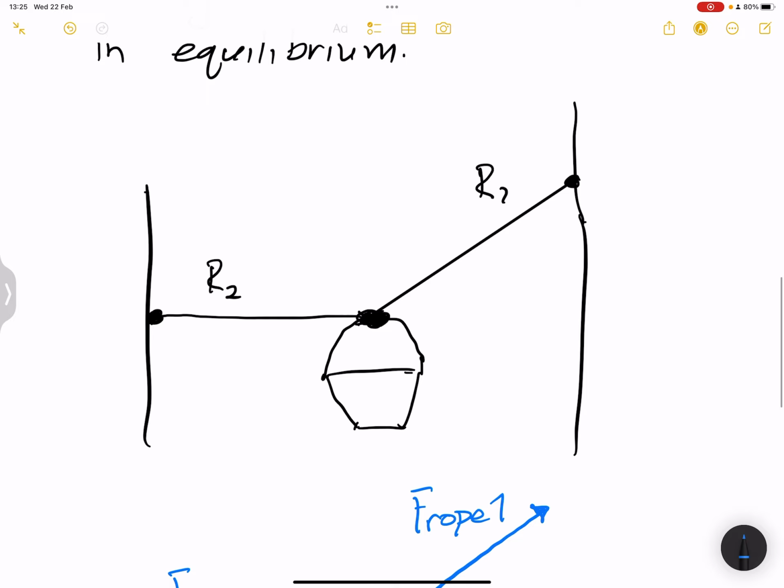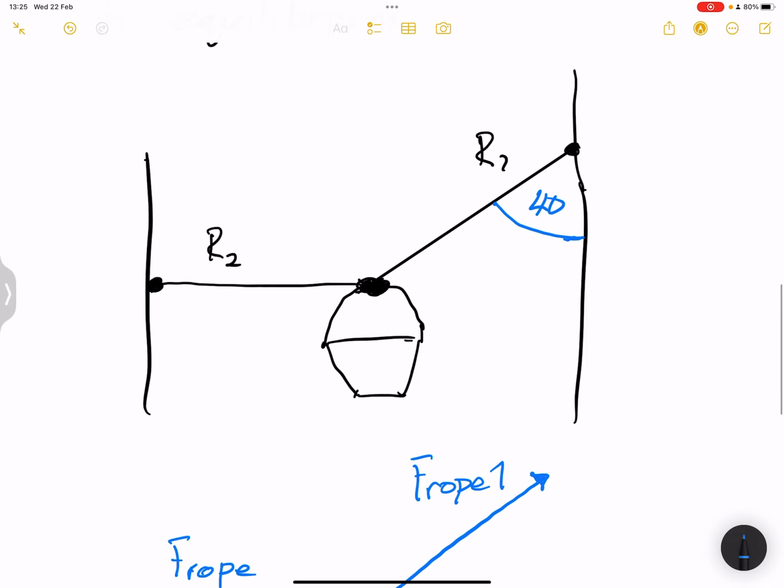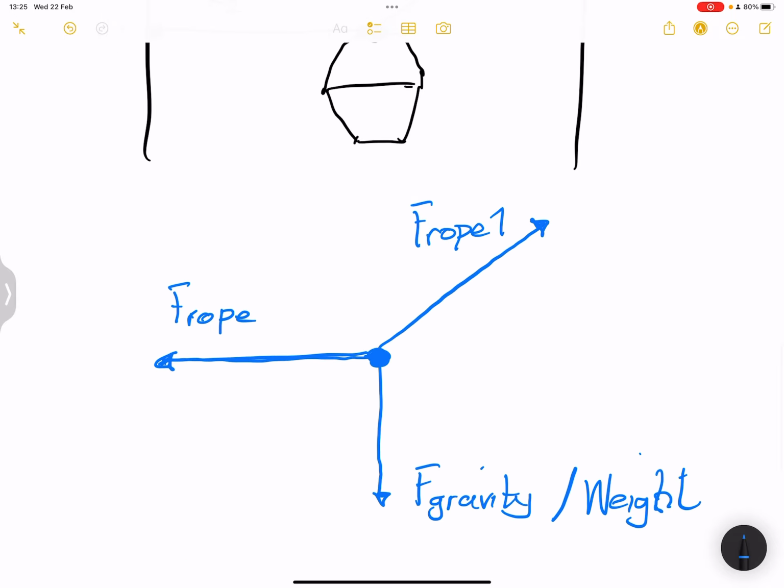Now, let's just say for argument's sake, we have an angle between the ropes. Let's say we've got a 40-degree angle. We can draw a vertical line there, and we show that this is 40 degrees.